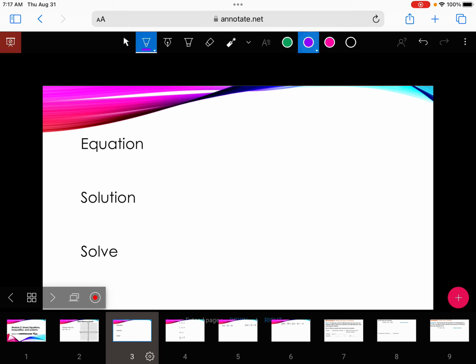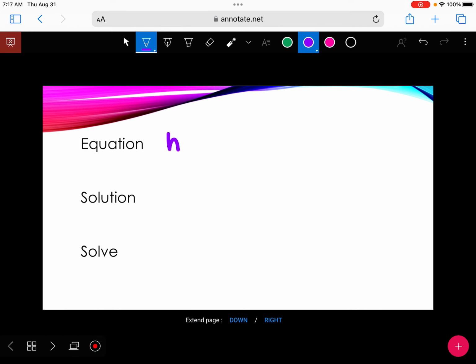So an equation, what we're looking for here, it's something that has an equal sign. So an equation, the way we word this is two expressions set equal.